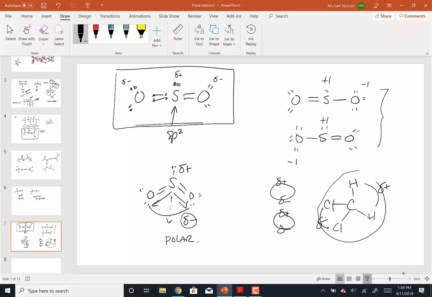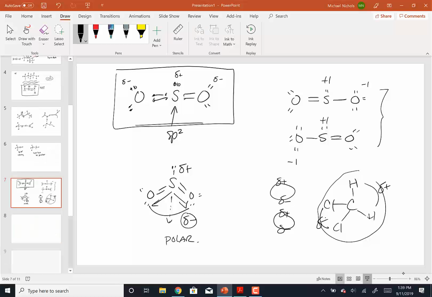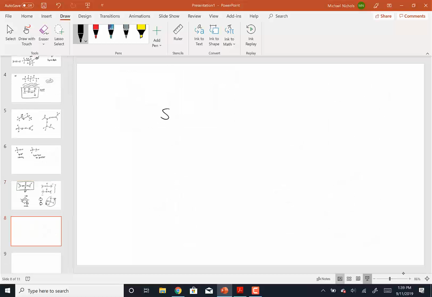Would another example be like if we use sulfur, so it can have more than a standard octet, and we did sulfur and four chlorides, would you still say that that's polar? Let's see. So sulfur with four chlorides.